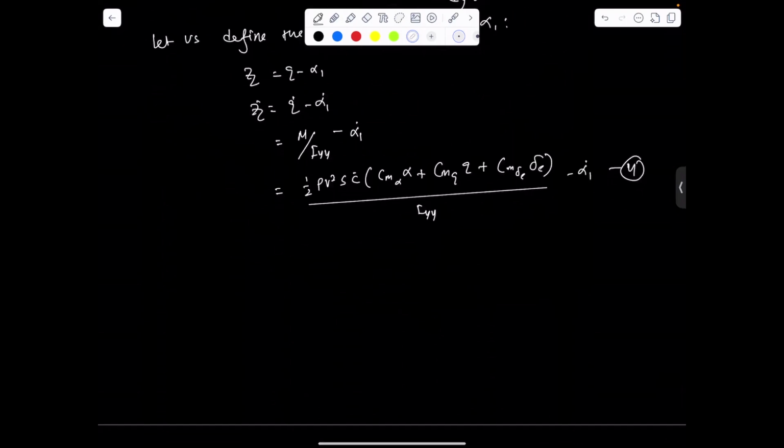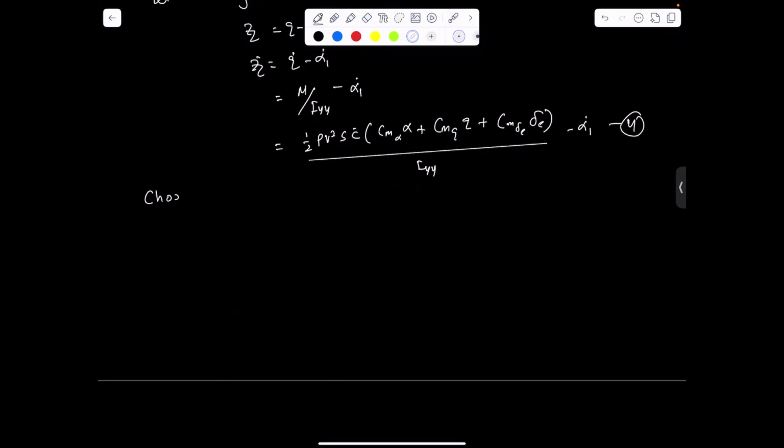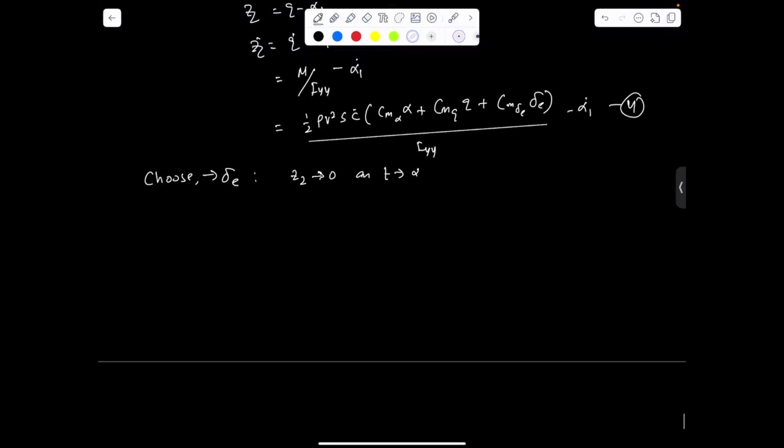Now we have to choose delta I in this equation in such a way that the G2 dynamics is stable, which makes G2 go to 0 as t tends to infinity.